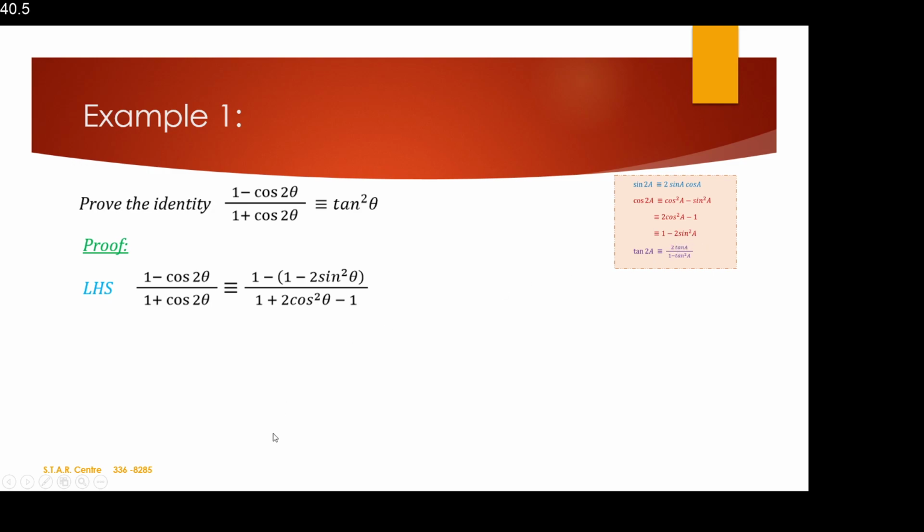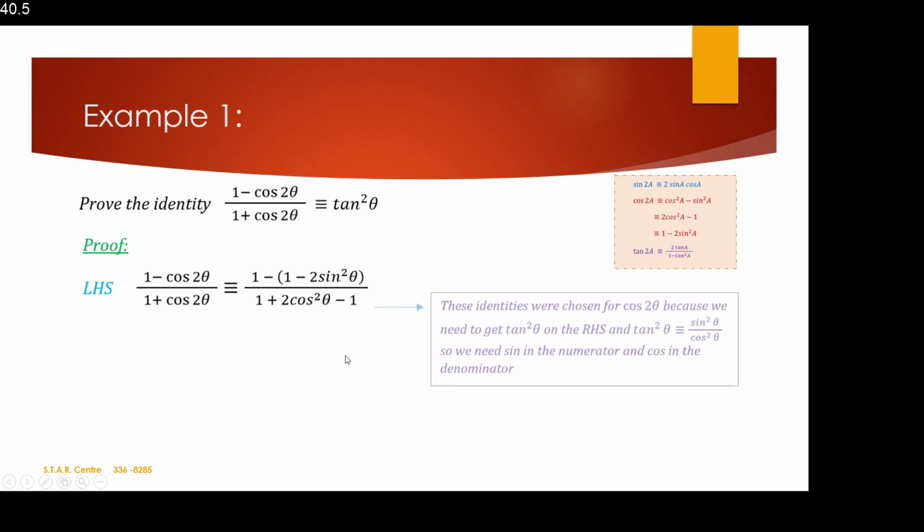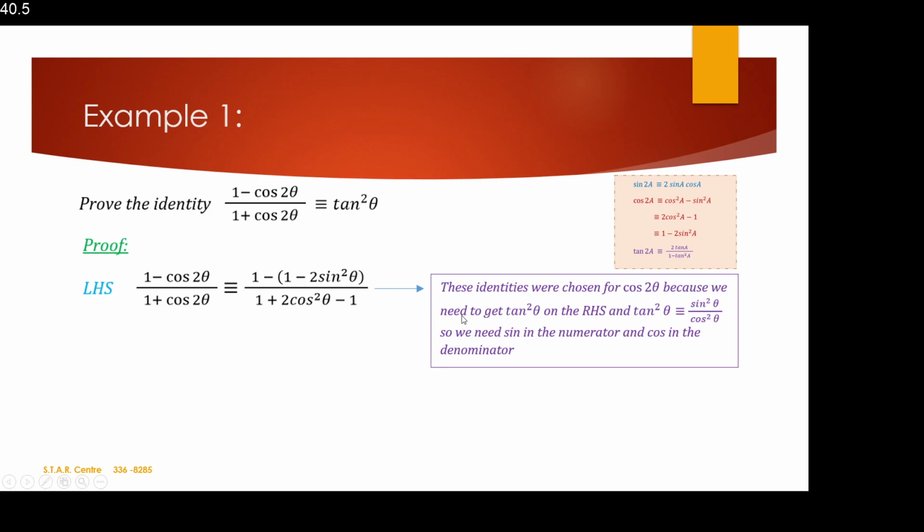For the cos 2 theta in the denominator, I want terms in cos, so I'm going to use the second one, 2 cos squared A minus 1, where we just replace A by theta in this particular example.